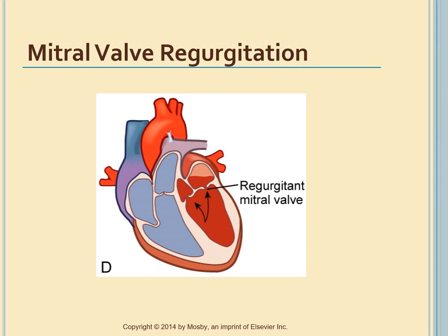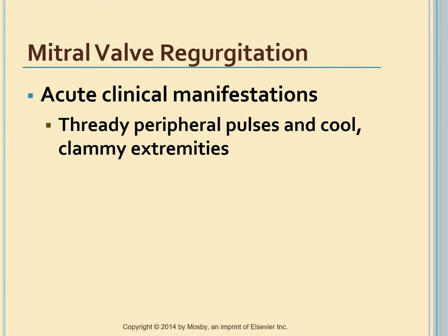So this is just a picture, so you can see that the left ventricle and left atrium are both overwhelmed and have increased volumes. So in our acute form of mitral regurg, again, possibly due to an MI, patients will have very low cardiac output.